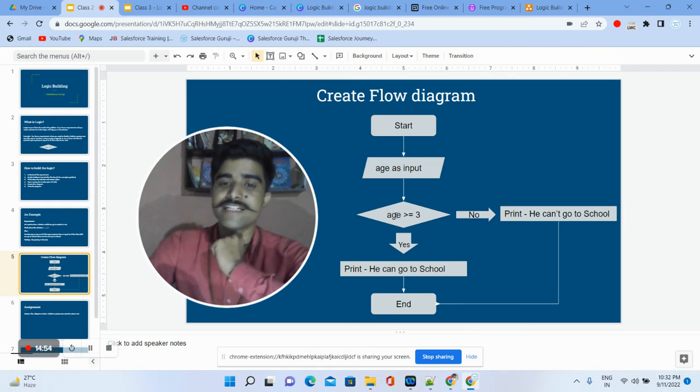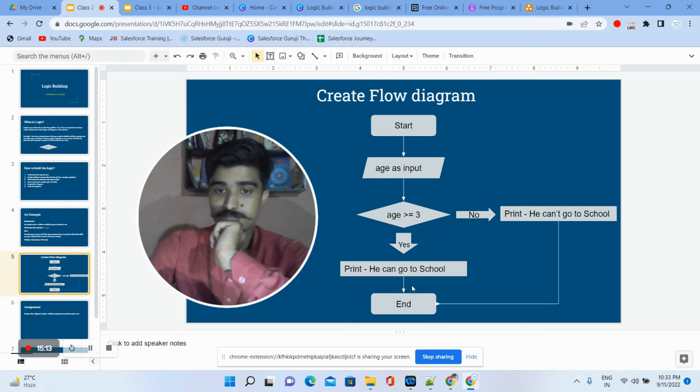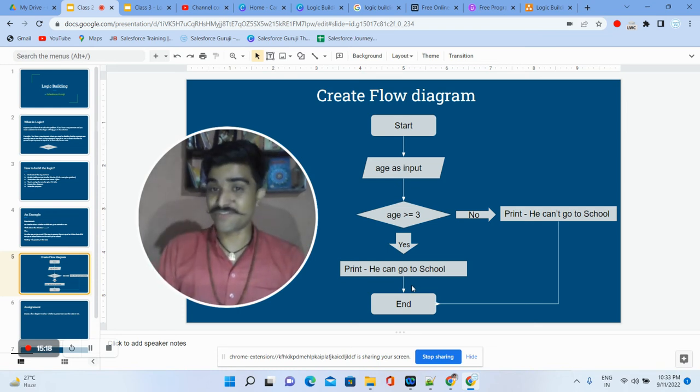Once we have the age, if the age is greater than or equal to 3, then he can go to school. If it is yes, then he can go to school. If it's no, then he cannot go to school. And from here it's ending the program, or this flow, and here also it's ending the program. It means we wrote our first flow this way.